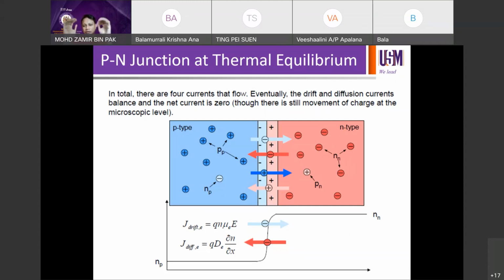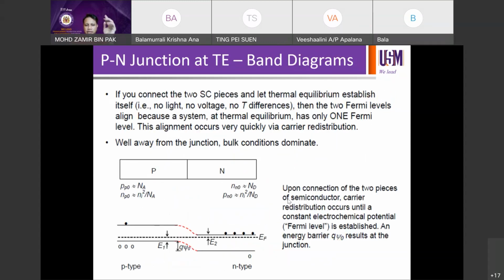So later on, nak put things into perspective so that you can appreciate. We finished just now with this barrier formation, isn't it? This Q psi naught ataupun QVBI, same thing, energy barrier. This barrier is what stops the majority carriers from both sides from further diffusing into the opposite region. So to be able to run operation in your PN junction devices, the carriers need to overcome the barrier eventually.